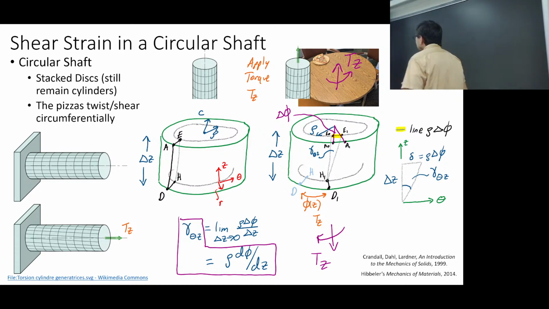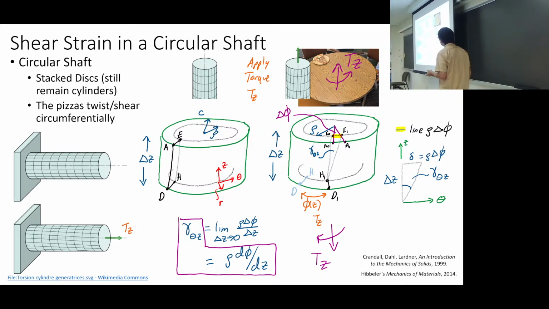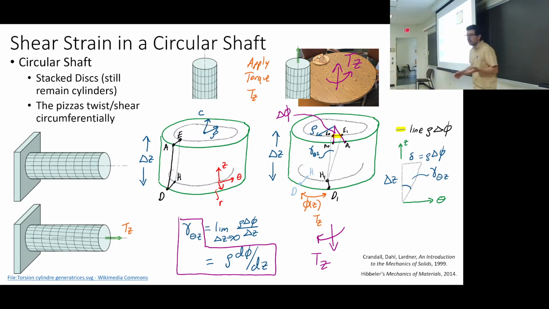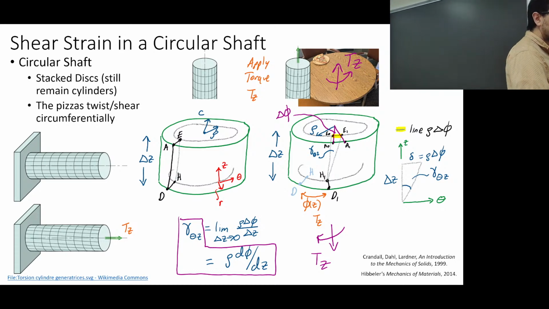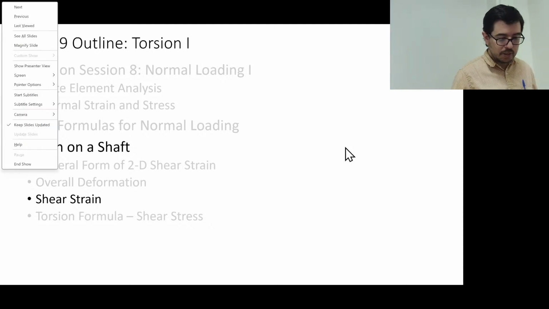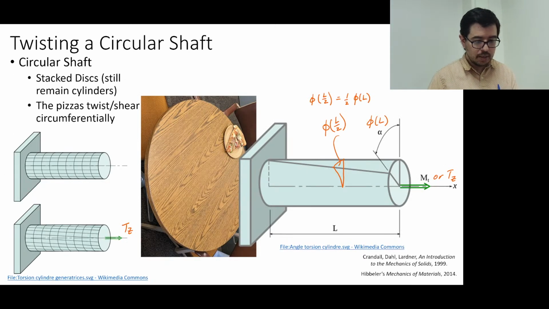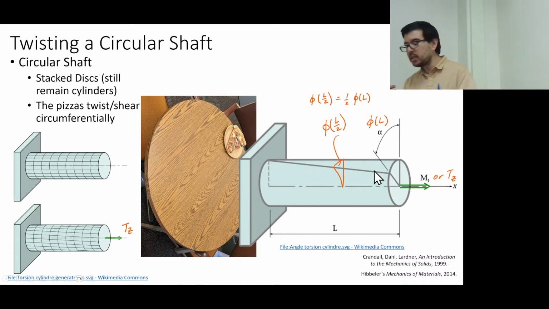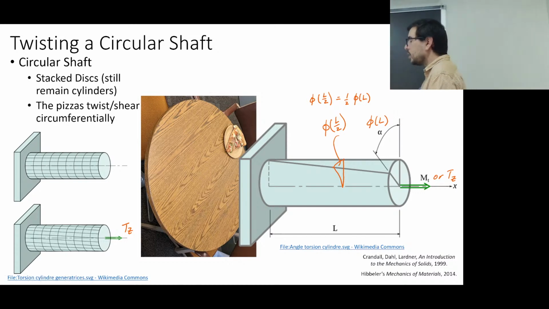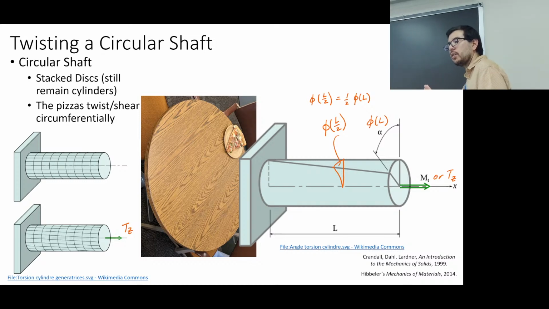Remember, what was phi at the very beginning in the previous slide? Phi was essentially a concept of how much the whole shaft rotates as a function of where you are along the shaft.